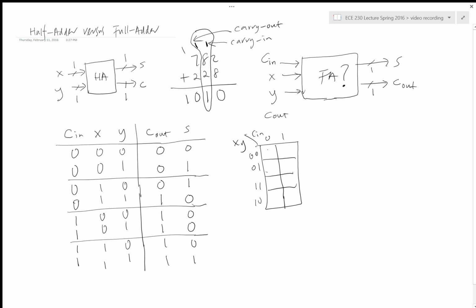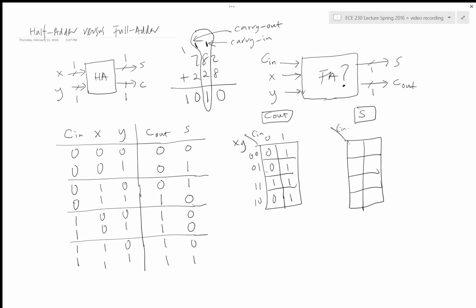So what we have is 0, 0, 0, 1, 1, 1, 1, 1. And for S, we have this. C in 0, 1, 1, 0, 1, 0, 0, 1. I'm just taking straight from the table.